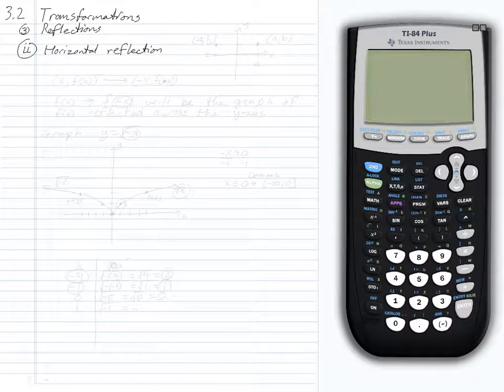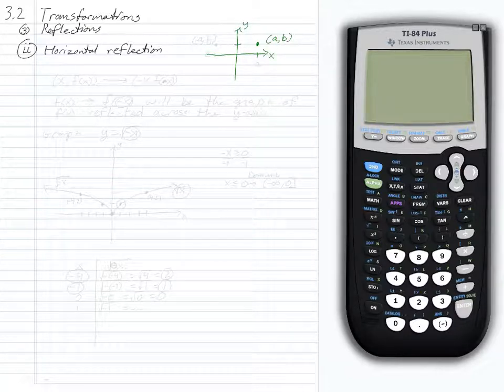Now, by similar reasoning, if I have horizontal reflection as my goal, if I have a point (a, b) on a graph of a function, and I wish to reflect that across the y-axis, how would I do that?